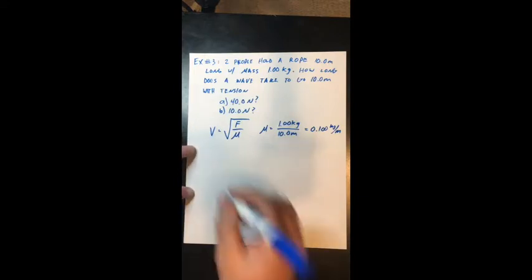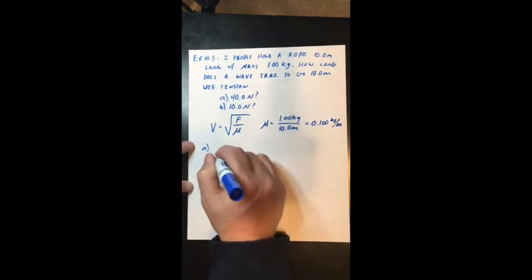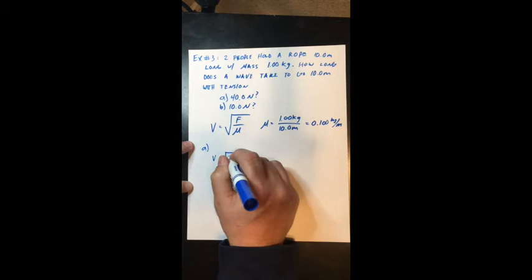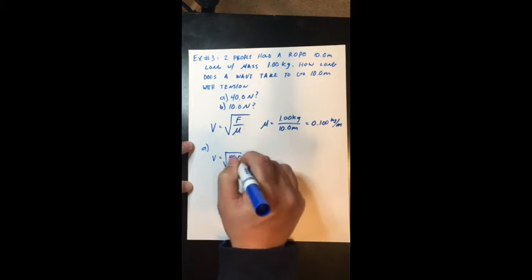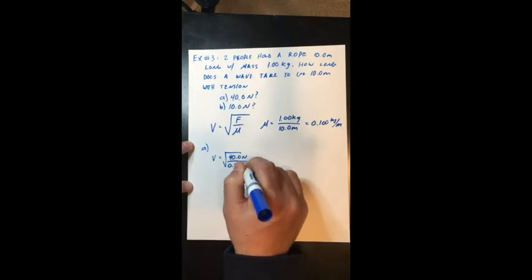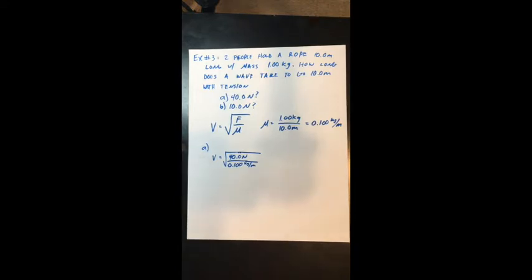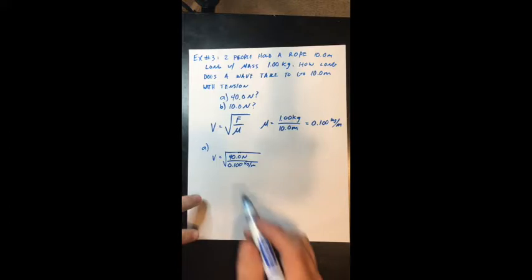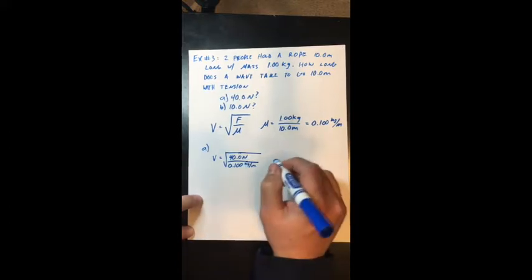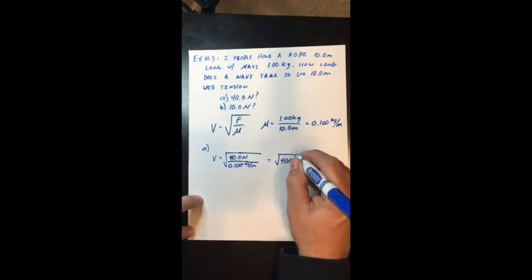So now we just need to plug in our pieces here. So if we're in part A, we're looking at 40 newtons. So our V will be the square root of 40.0 newtons over our mass density, 0.100 kilograms per meter. Going to the calculator is not really necessary here because 40 divided by 0.1 is 400. So we have the square root of 400 newtons.